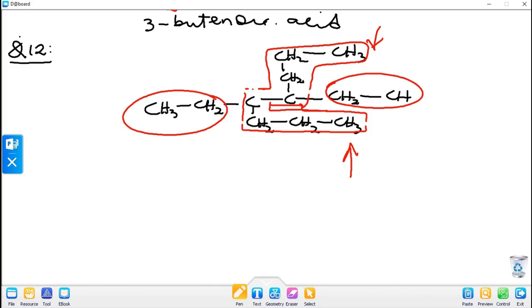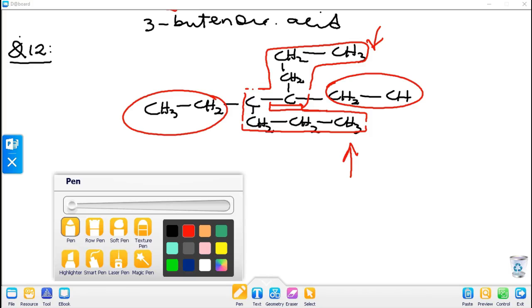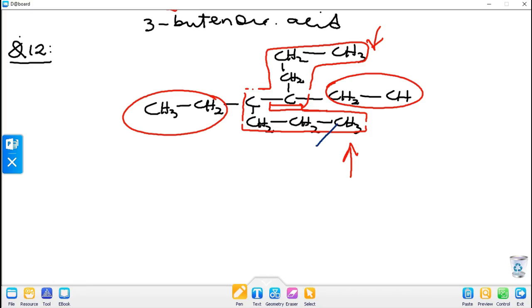Going from here, if we begin from the bottom, this will be carbon 1. This is carbon 2, 3. This will be carbon 4. And this will be carbon 5. So it means our two side chains will automatically be at carbon 4 and carbon 5. There should be a 3 here.